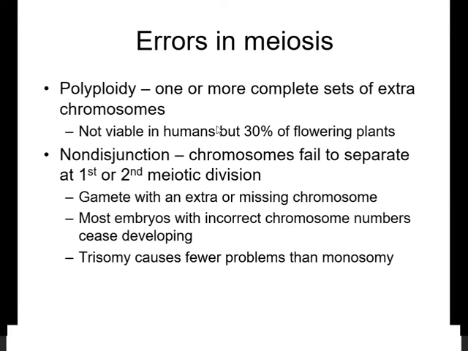Of all the things that we learned in sexual reproduction, the one I want you to take home with you is non-disjunction. This is what I'm primarily going to focus on. Remember, this is a process that can occur in either anaphase 1 or anaphase 2. It's a failure for either homologous chromosomes or sister chromatids to separate, and that leads to either one more or one less chromosome.